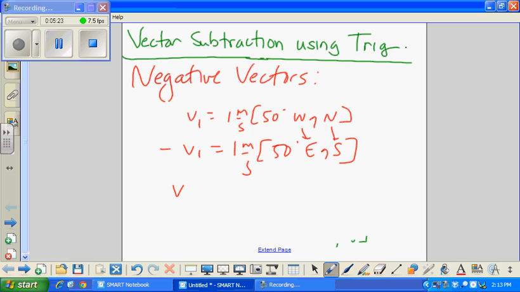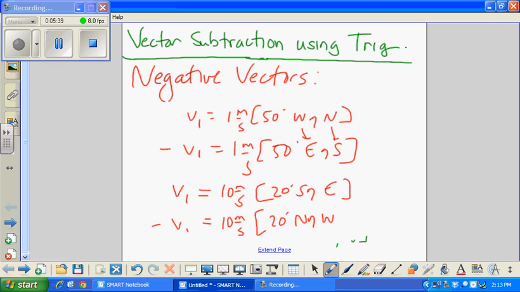If V1 was 10 meters per second, 20 degrees south of east, negative V1 would be 10 meters per second, 20 degrees north of east. Of course I keep using velocities, but it could be force, it could be displacement, it could be anything. So that's negative vectors.